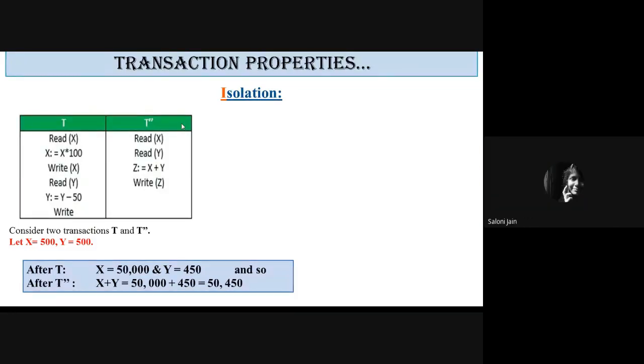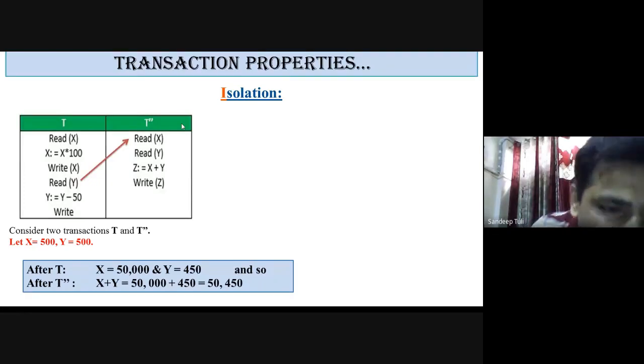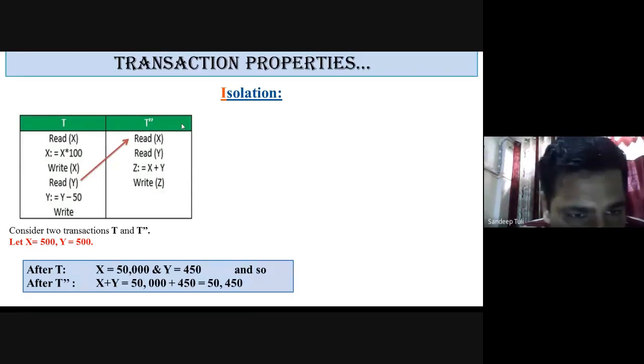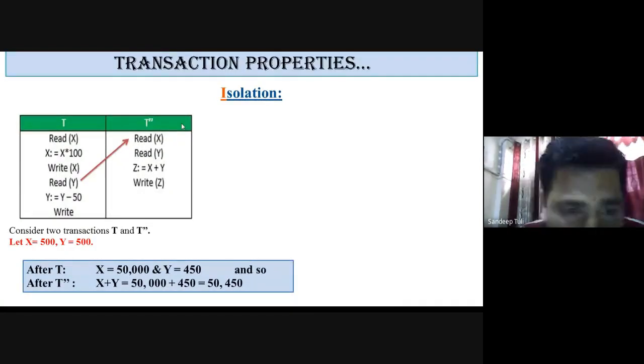Yes, sir. Now the thing actually occurs: say after the read Y statement of transaction T, T double dash has initiated and its first statement, read X, has started.